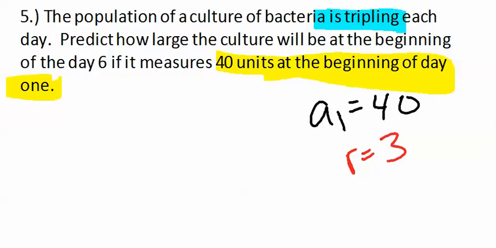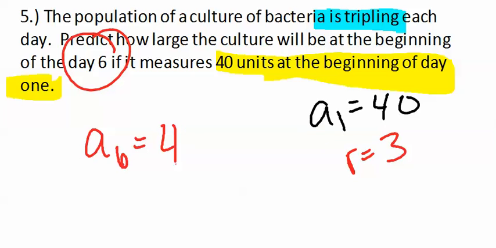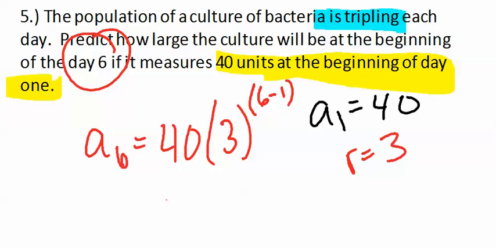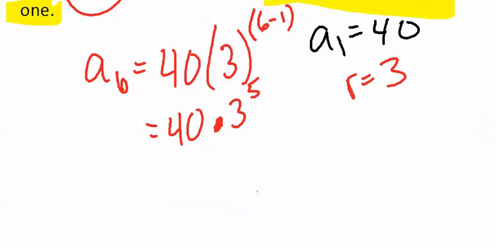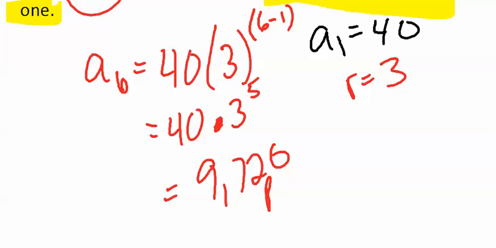And we're trying to figure out day 6. So the sixth term in the sequence will be equal to 40 times the ratio to the 6 minus 1 power. If you plug that in, that will give you 9,720 units.